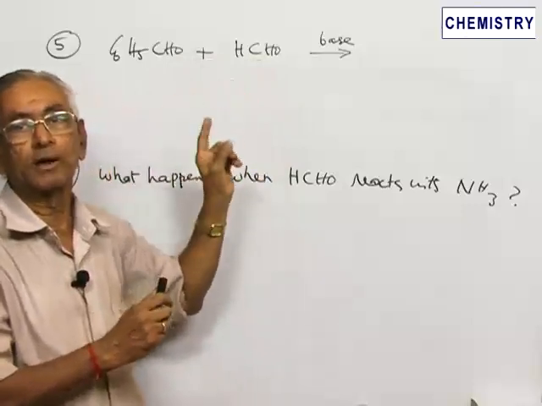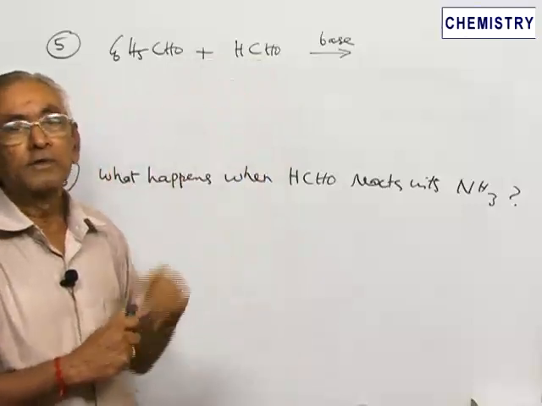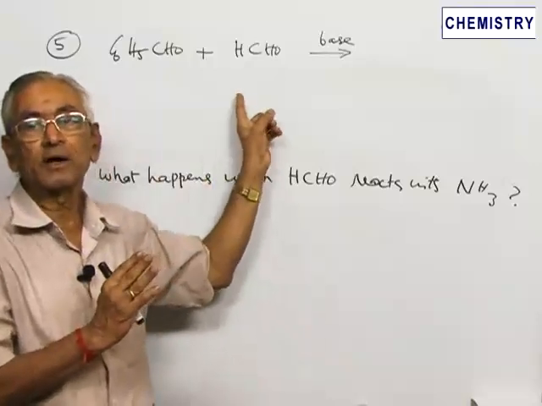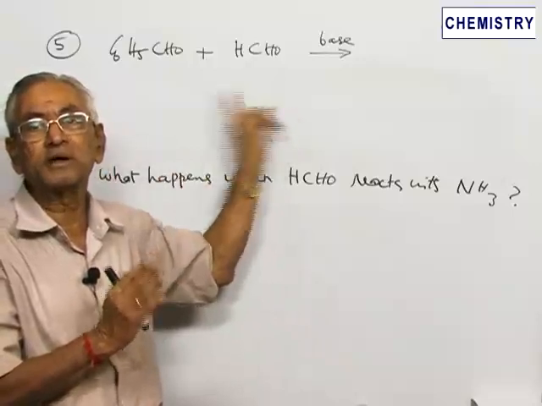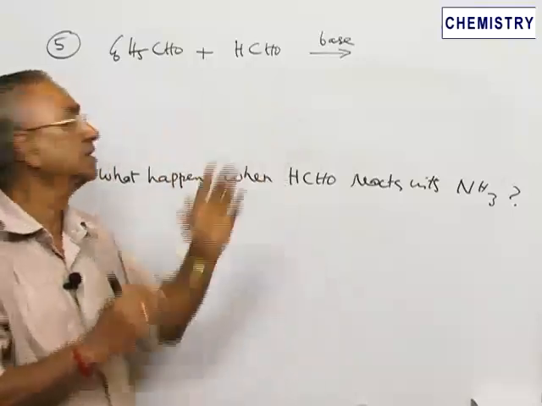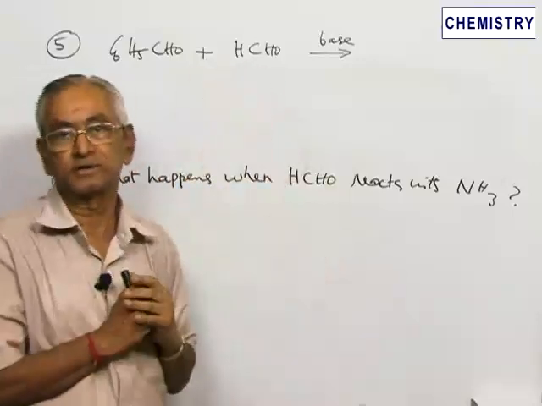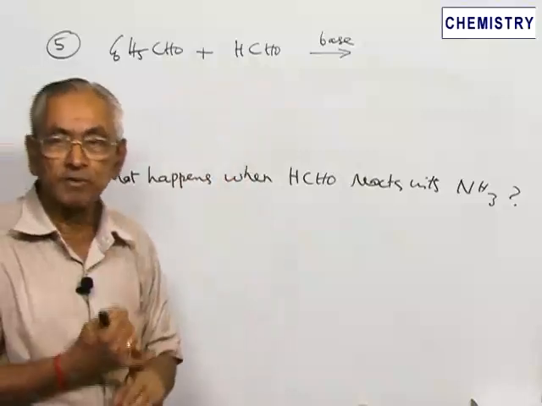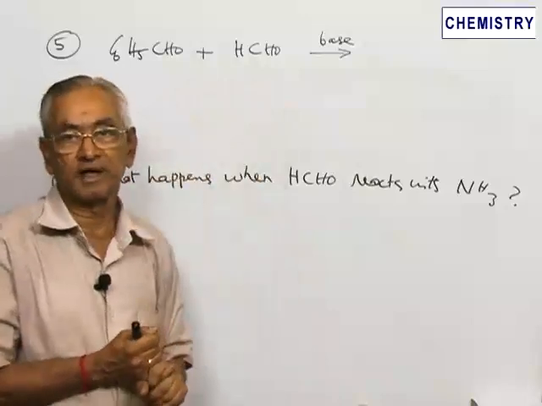Here, two different molecules are involved, and this is what is referred to as a cross Cannizzaro reaction or mixed Cannizzaro reaction. That is the first point to be emphasized.